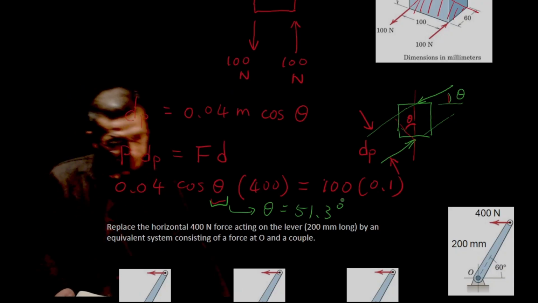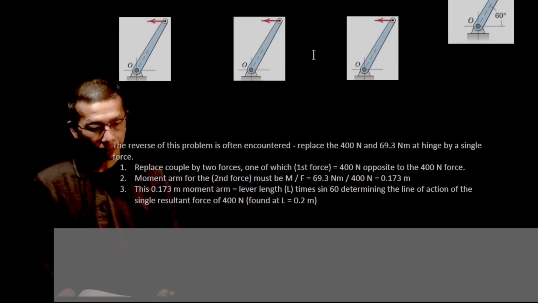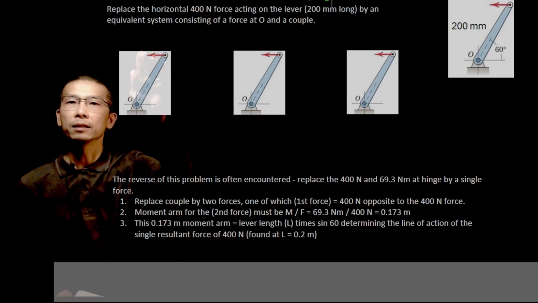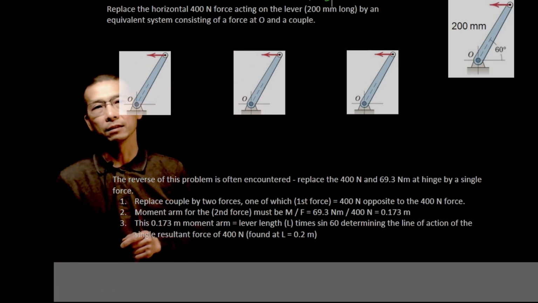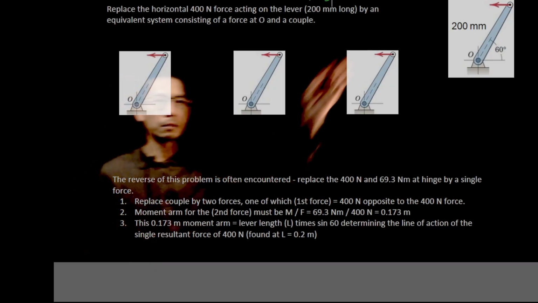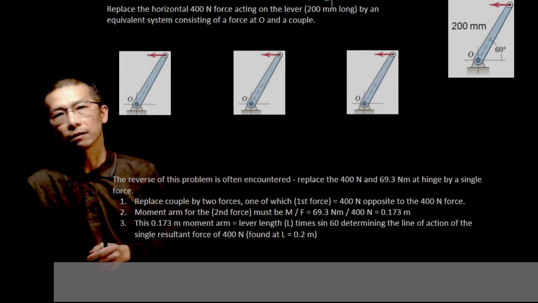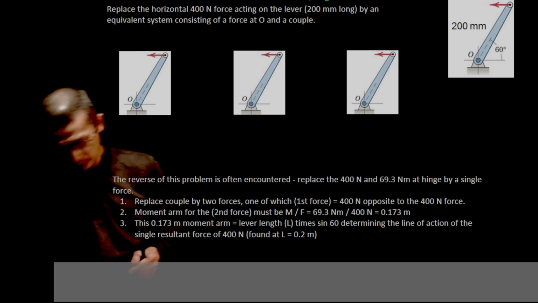Okay. Last example. We replace the horizontal 400 newton force acting on the lever 200 millimeter long by an equivalent system consisting of a force at O and a couple. So how do we do that?